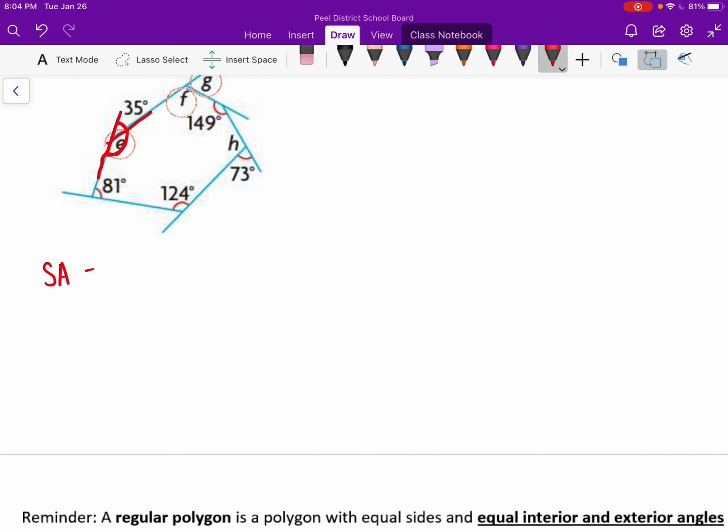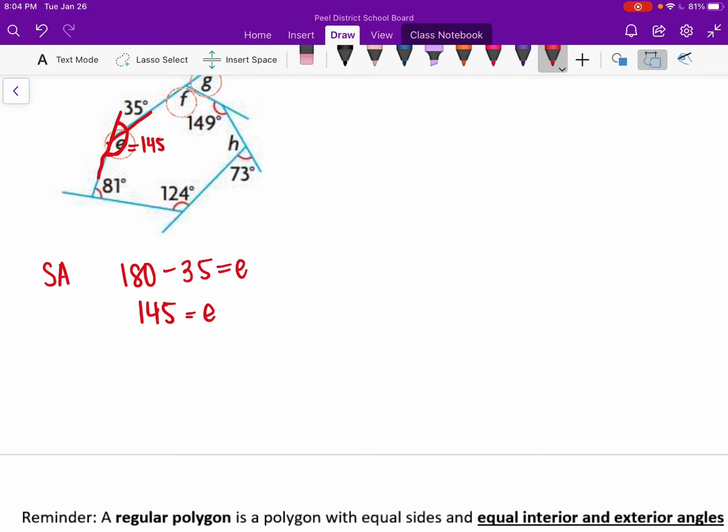The SA rule states that if I want to find the other angle, I'm basically doing 180 minus whatever that other angle is. So 35 is going to give me E. 180 minus 35 is going to give me 145. So I know 145 is equal to E. So I know this angle over here is 145.